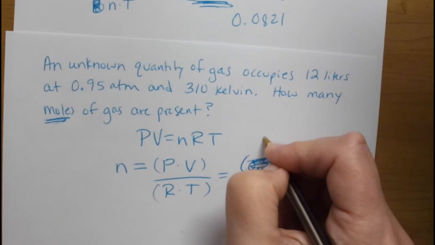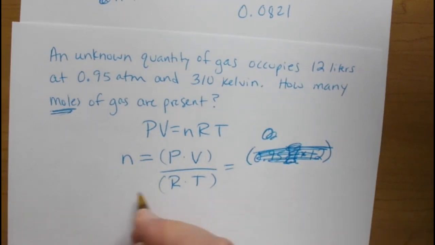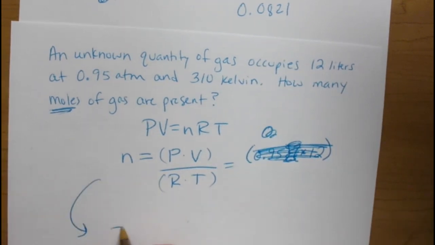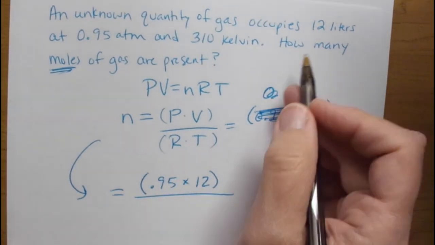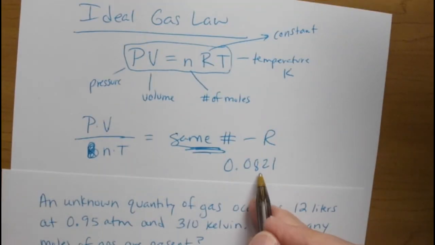I'm going to rewrite that whole thing. Actually, we'll just write it down here. So 0.95 times 12 liters divided by R, which is that number that we had earlier, that constant.